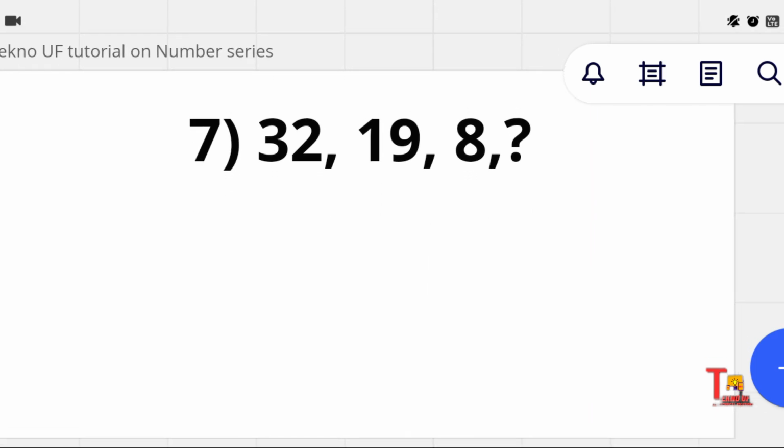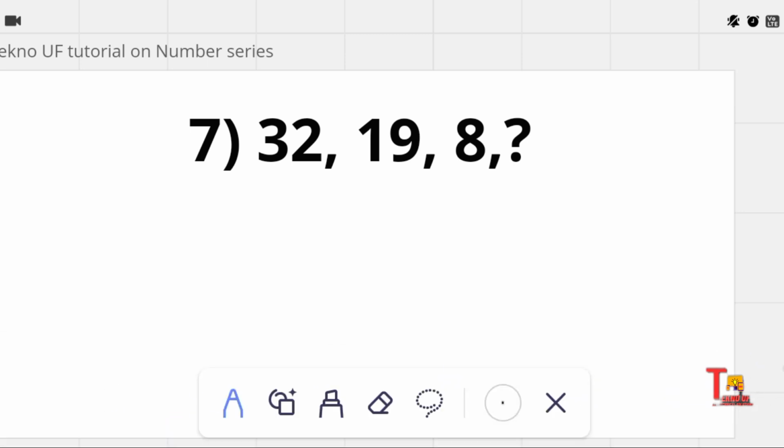Here is your problem. Kindly solve this and give the answer in the comment box. Okay, I am solving the problem. Let's look at here carefully. If you just subtract 32 with 13, then this number will be 19.